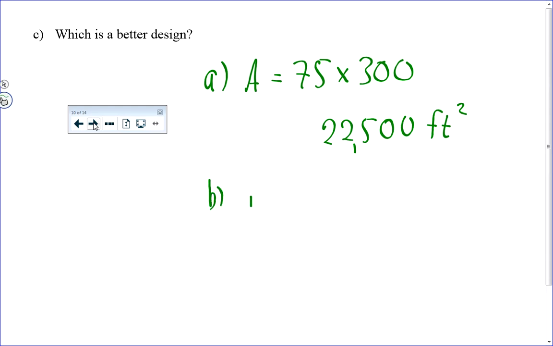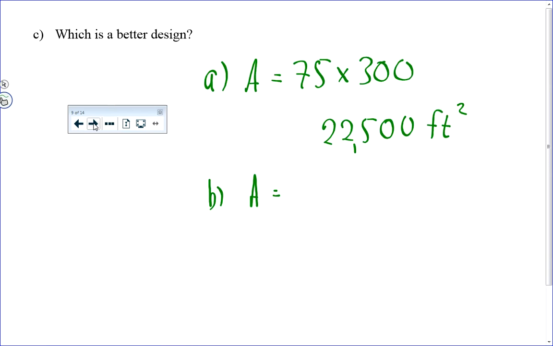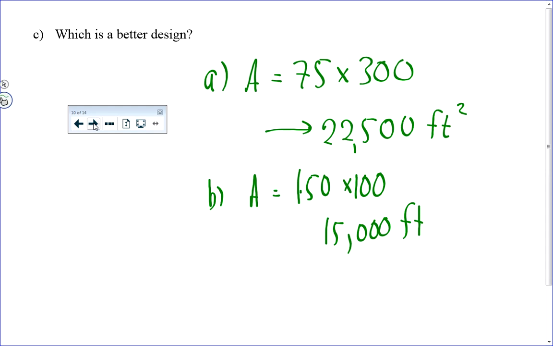In B, the area would be 150 feet multiplied by 100 feet, which gives 15,000 square feet. So the design that's the better design, the optimal design, would be this one, because you get more area.